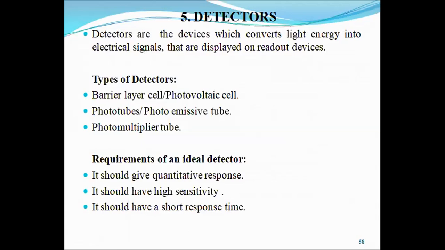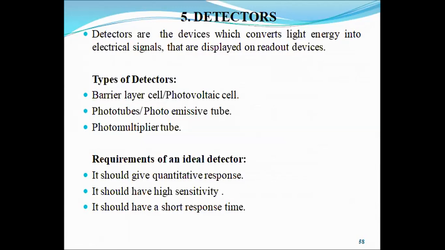But how much absorbance is taking place and how much is the transmitted radiation, how do we detect it? We will take the help of the detectors in order to detect the transmitted radiation, or to check the absorbance done by the sample.